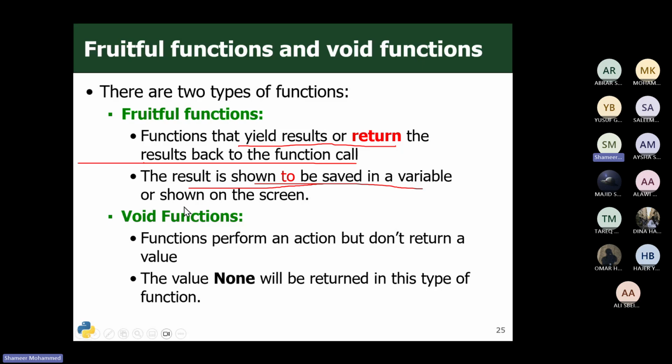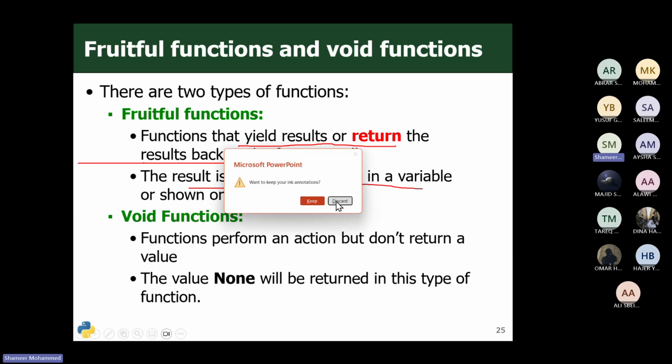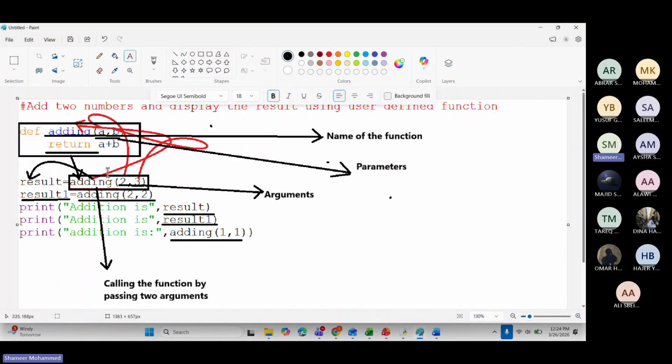I have already given you this one. What I am doing here, from here I am sending 2 and 3. So 2 and 3 is added here. It is returning back, comes back here and saves the answer in this variable result. Then you are printing here result. That is what I am trying to explain.